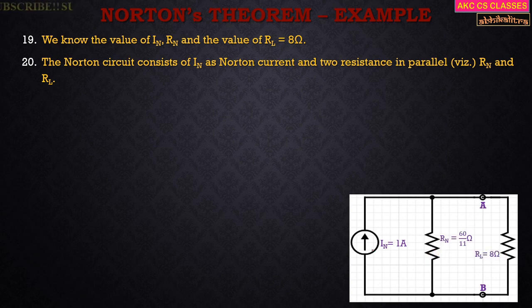If you observe the current source, you will see that the current is moving from bottom to top direction. Why is the current moving from bottom to top direction? If you observe terminals A and B, we have already assumed that the current direction was moving from A to B, and since the value of IN is positive, the current is actually moving from A to B, right?